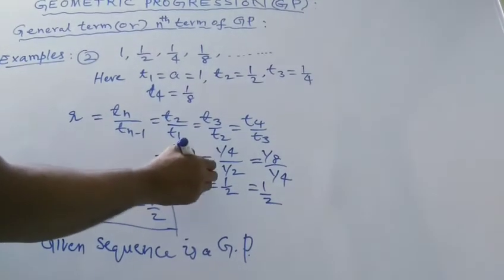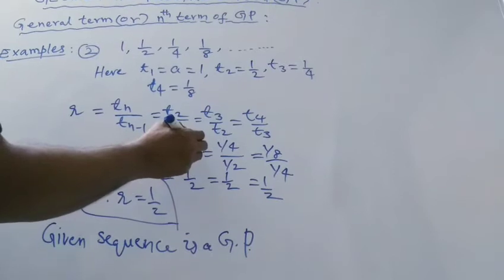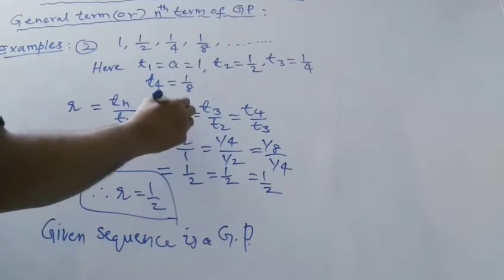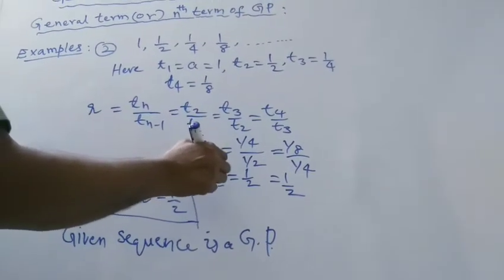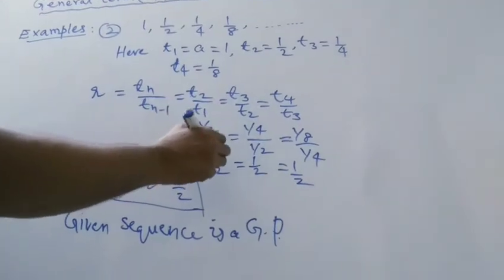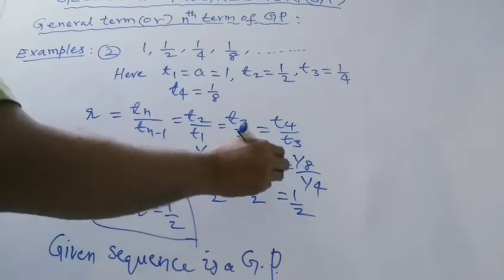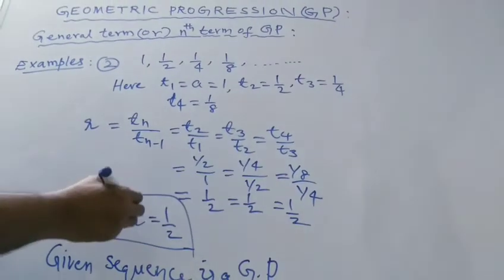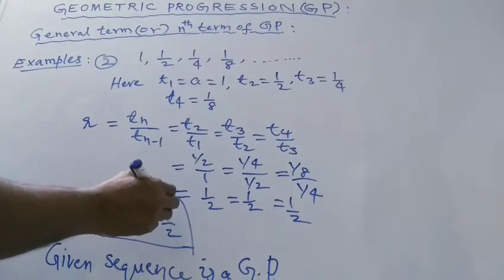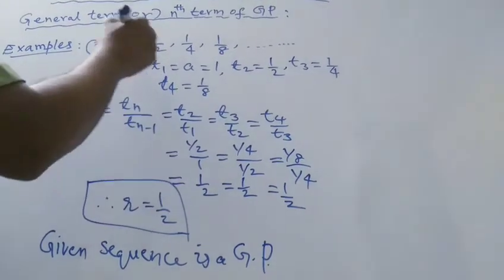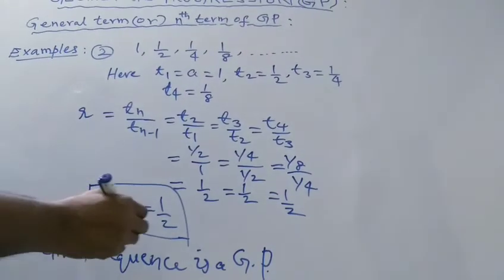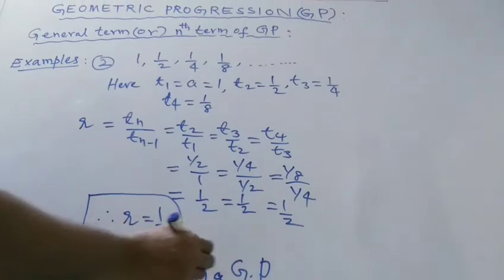On simplification, we get the common ratio 1 by 2. T2 by T1 is also 1 by 2, T3 by T2 is also 1 by 2, T4 by T3 is also 1 by 2. So the common ratio is 1 by 2 for the given sequence, and it confirms a geometric progression.